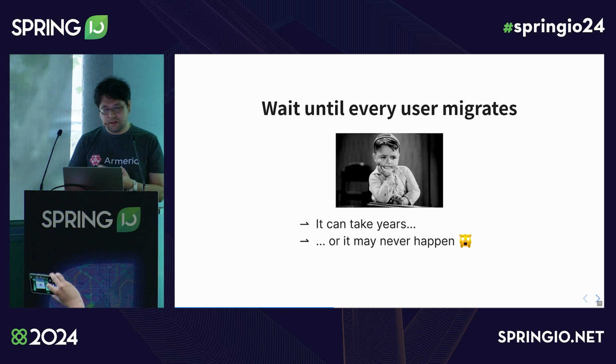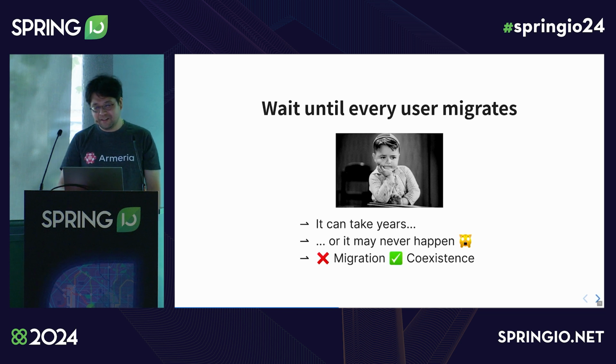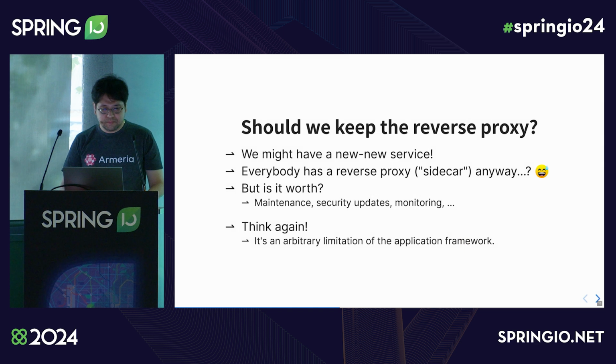Or maybe they defer as much as they can, or even refuse to migrate, right? And then it's not migration anymore, it's coexistence. And believe me, this happens a lot in real life. Anyway, let's say we somehow finished the migration successfully and all traffic is redirected to the new service.